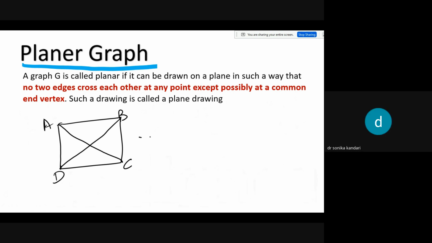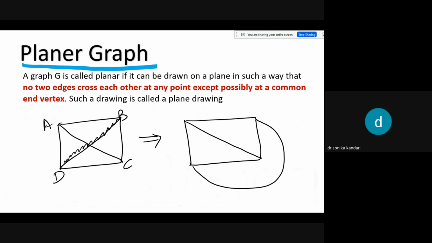No, it's not. See, this graph can be represented like this, and for this edge, it can be shown like this. Now see, is it representing a planar graph? Yes.